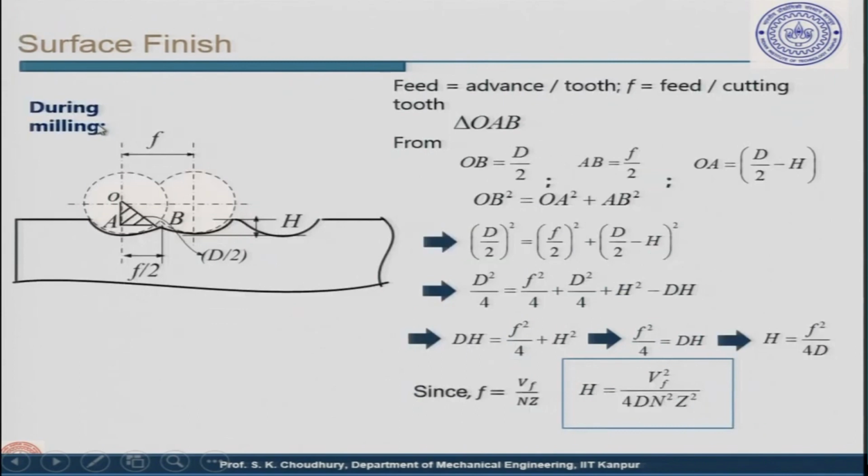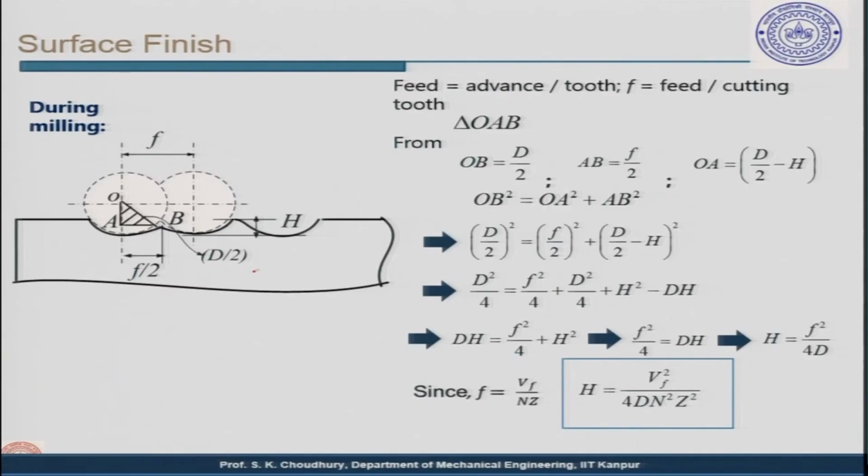In case of milling, the feed is the advancement per tooth, and f is the feed per cutting tooth. So, let us take these two subsequent positions of the milling cutter when the workpiece is moving.